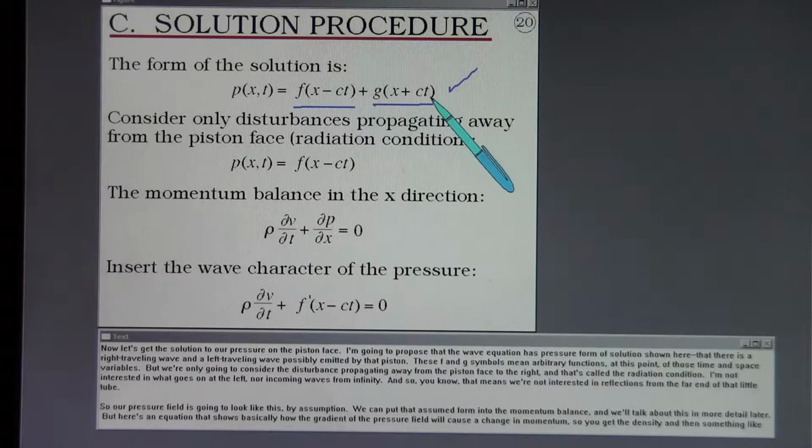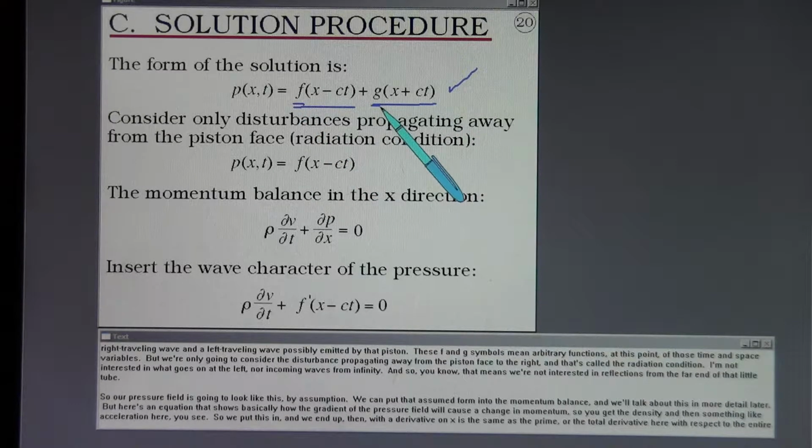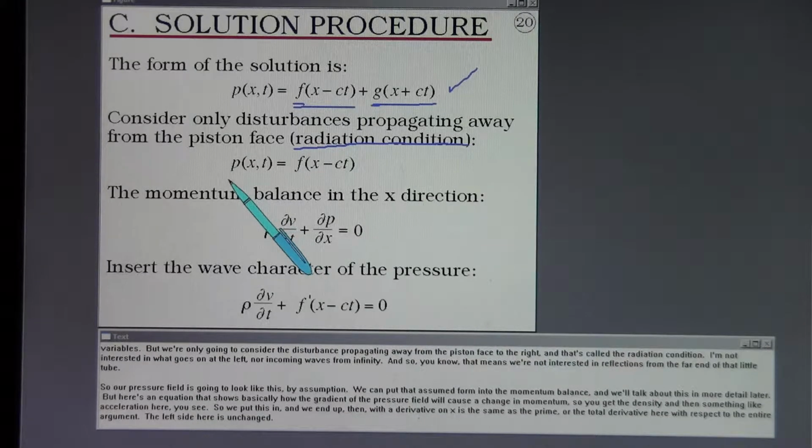These F and G symbols mean arbitrary functions at this point of those time and space variables. But we're only going to consider the disturbance propagating away from the piston face to the right, and that's called the radiation condition. I'm not interested in what goes on at the left, nor incoming waves from infinity. And so, that means we're not interested in reflections from the far end of that little tube. So our pressure field is going to look like this by assumption.